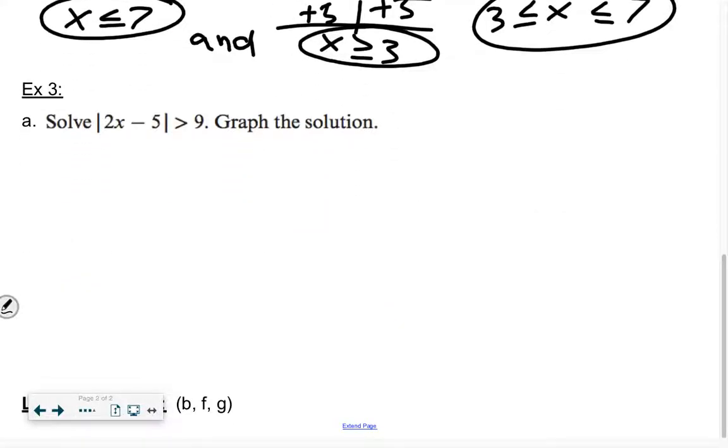Last one. Absolute value of 2x minus 5 is greater than 9. Oh, we probably should graph them. Go ahead and then we'll go back and talk about that.